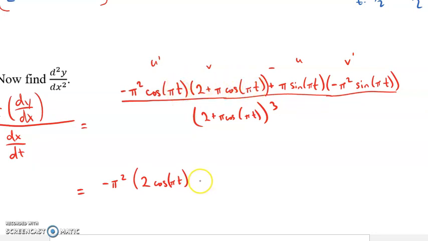So that's going to be plus pi times the cosine squared of pi t. And then, let's see, this negative pi squared is gone, but everything else is still there, so that's pi times sine of pi t times another sine of pi t. So that's going to be plus pi times the sine squared of pi t.